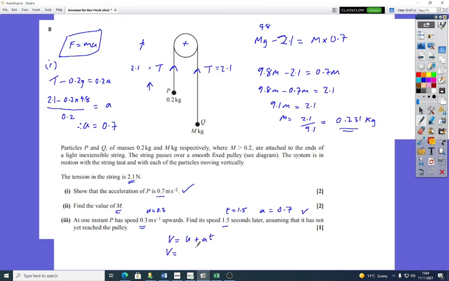So final speed is going to be initial speed, which was 0.3, plus 0.7 times 1.5 seconds later. So that gives me, just quickly do that on the calculator, 1.5 times 0.7 plus 0.3. I'm hoping you got 1.35 meters per second.